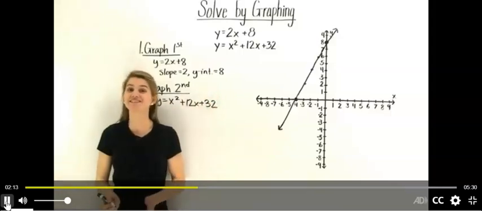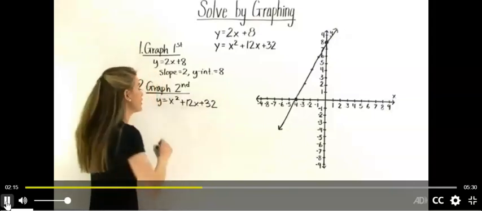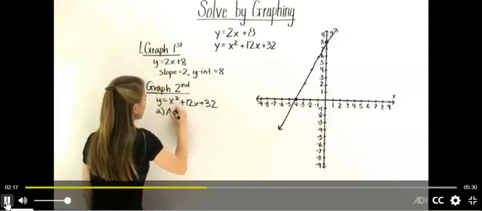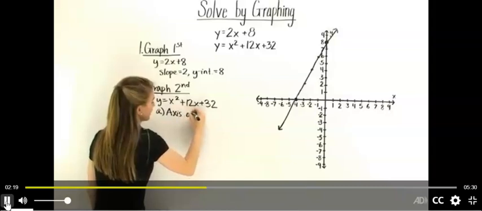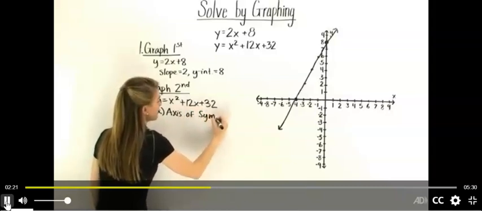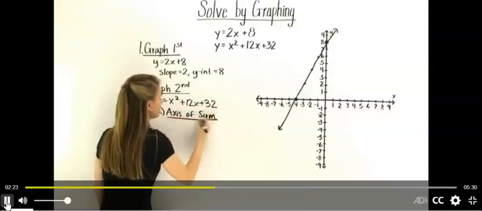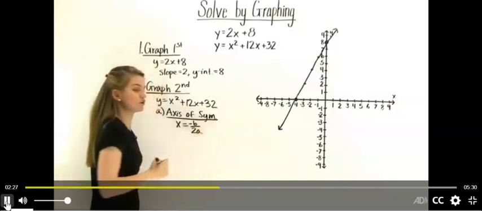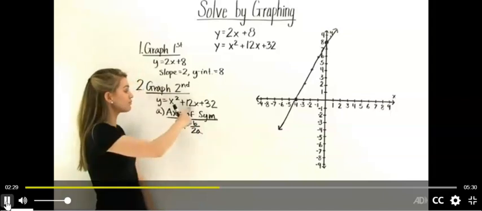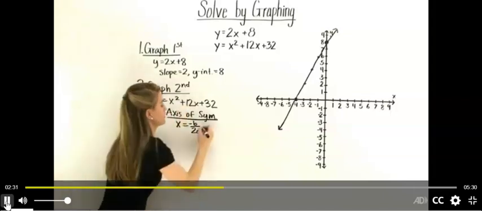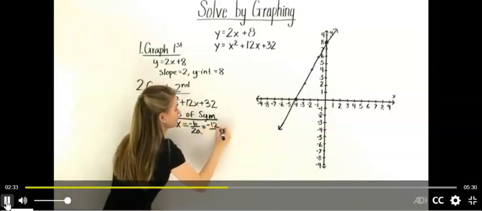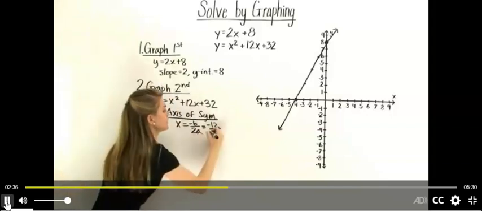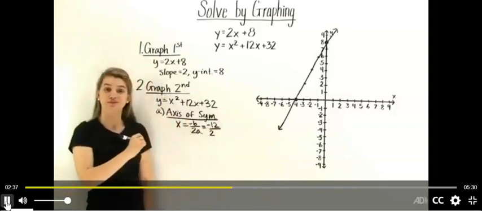One of those things is the axis of symmetry, or the line that goes through the vertex that divides the quadratic in half. To find the axis of symmetry, we use the equation x is equal to negative b over 2a. In this case, our b value is equal to 12. So we have negative 12 over 2 times our a value, which is equal to 1.